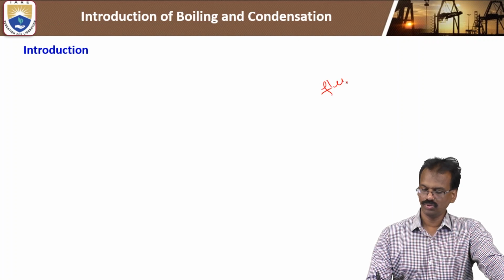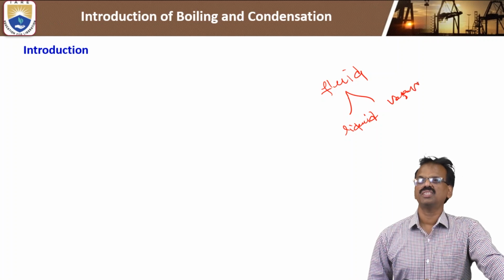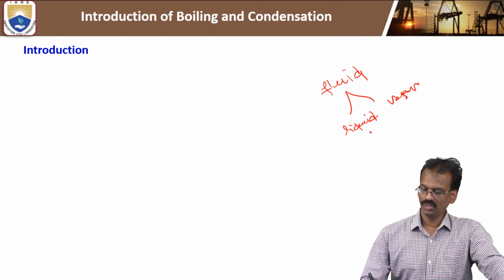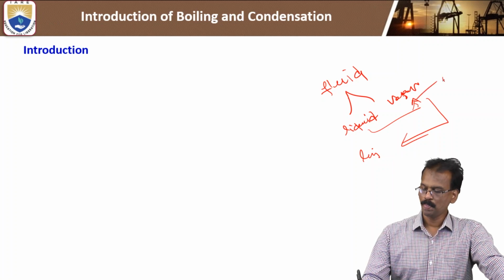You know that fluids are of two types: one is liquid and the other is vapor. Phase change means sometimes liquid is converted to vapor and vapor is condensed to liquid. When liquid is evaporated to vapor, that is called boiling.